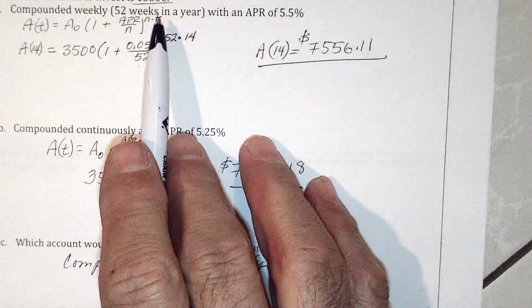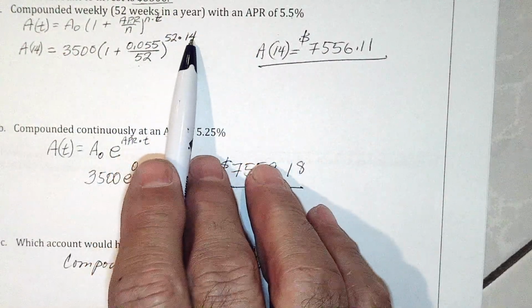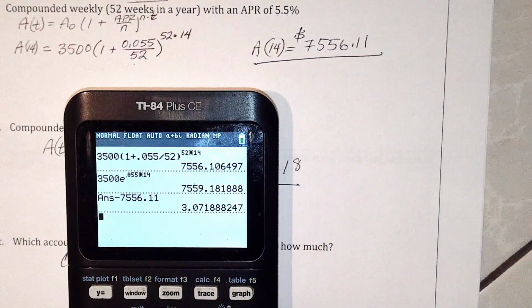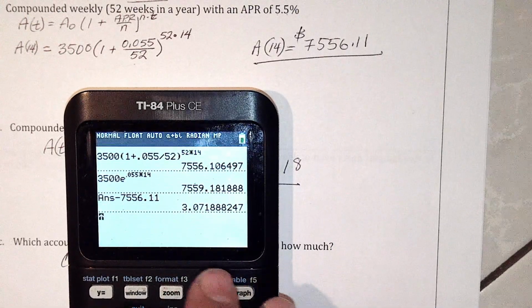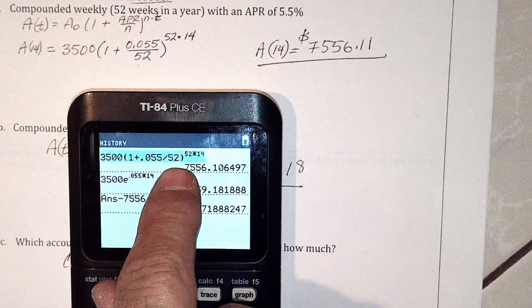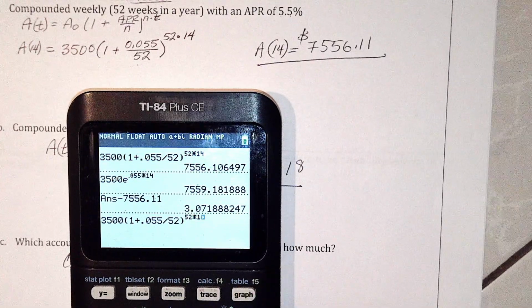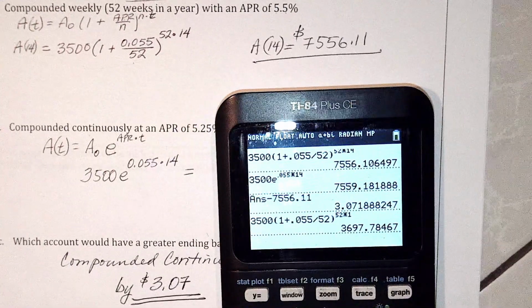So we'd have to do this formula with 1 instead of 14. So I go back to my calculator, select that one, and change my 14 to 1. And that's how much there was after 1 year.